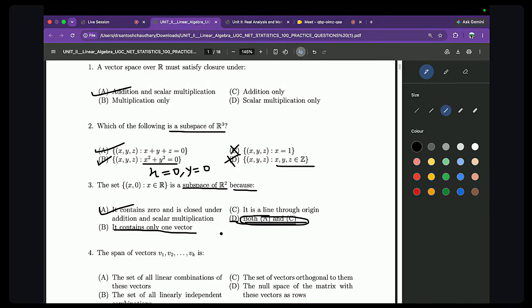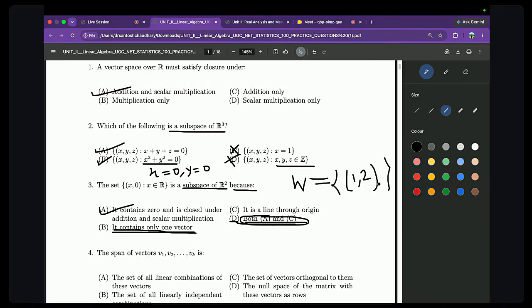So this is also true, only one vector, but being only one vector is not sufficient to be a vector space, right? If I give you some vector space that has only one vector, does it guarantee to be a vector space? If I write 1, 2, for example, can you say this is a vector subspace?